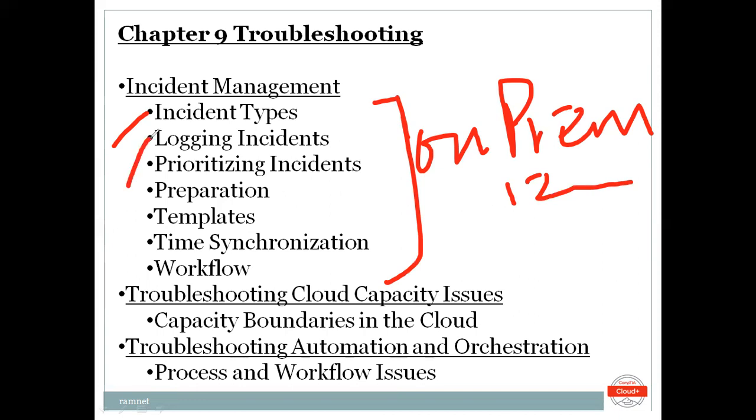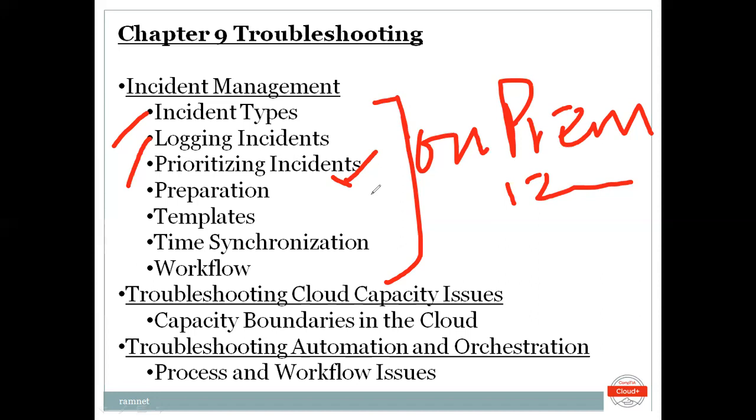Then logging the incidents: how all the incidents are going to get logged, and what levels need to be assigned for this. By seeing the error messages, we will be assigning the ticket values to that. And prioritizing the incidents, in the sense of which is very critical and which is okay to wait. Maybe it can be solved in 1 day, or it has to be solved immediately, or it can be solved in half a day, something like that.